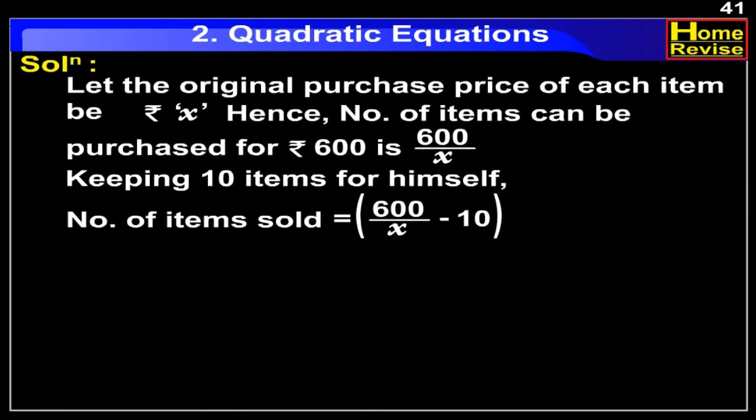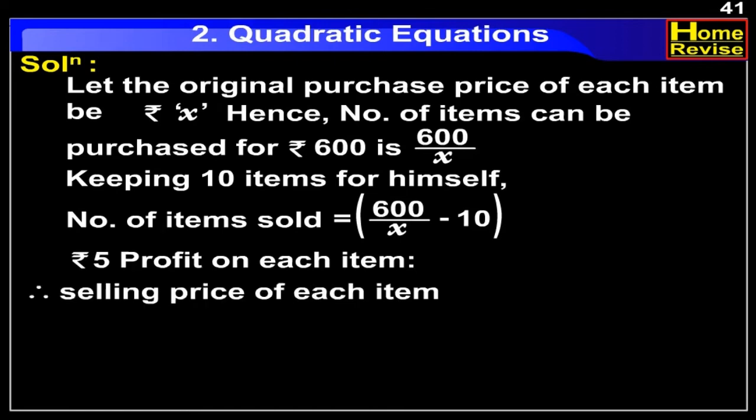Now, it is given that there is 5 rupees profit on each item. Therefore, selling price of each item will be equal to x plus 5 rupees.